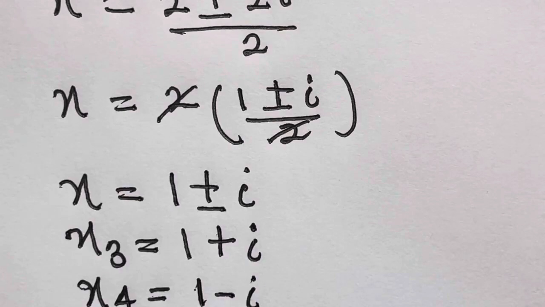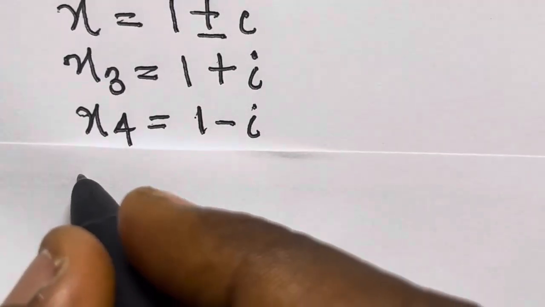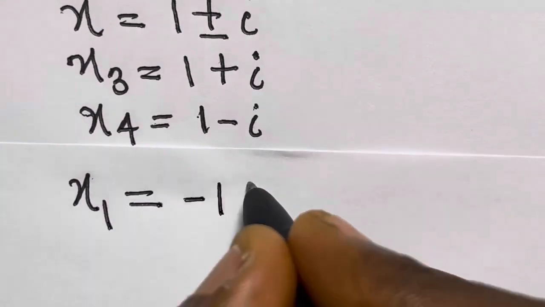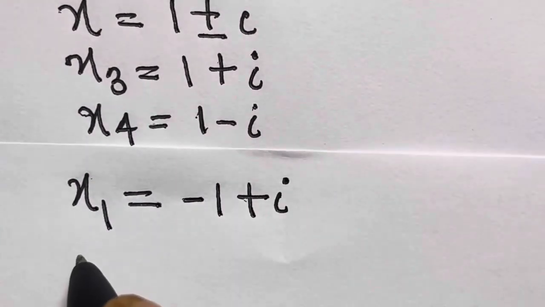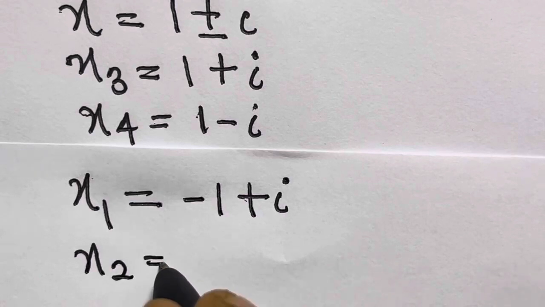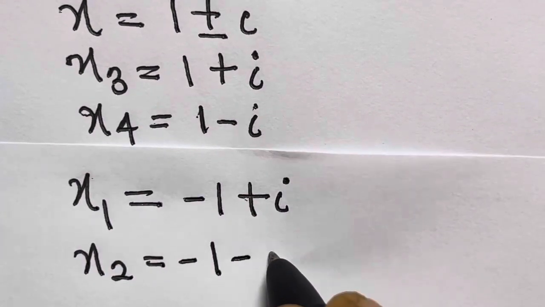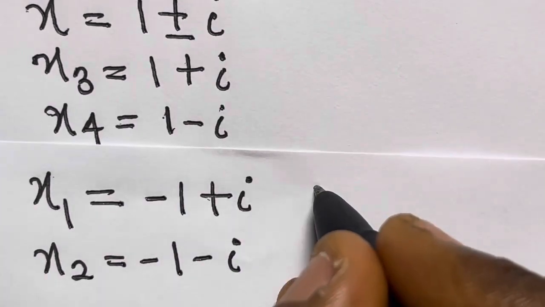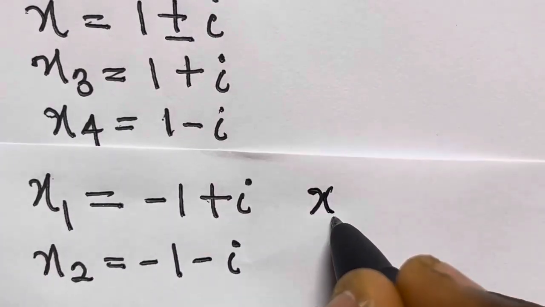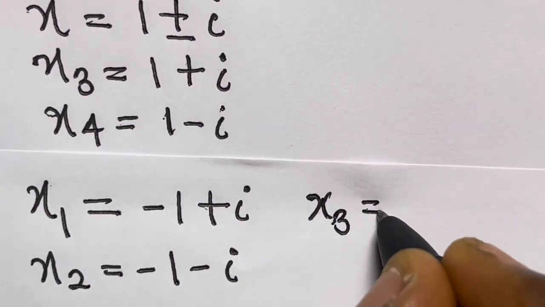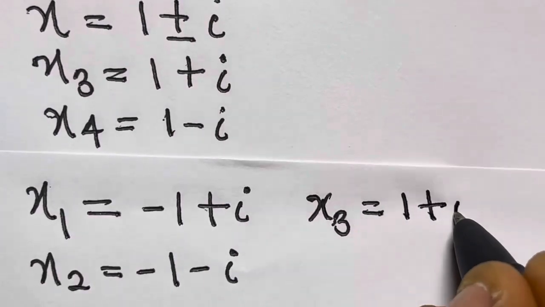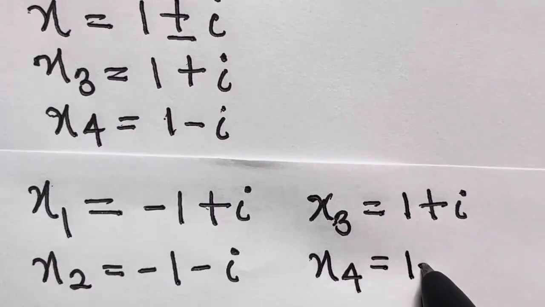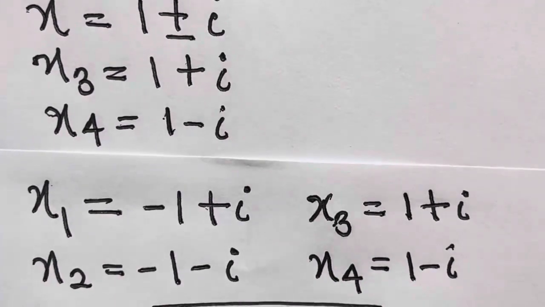So you can put them all together so that we have our x1 equals minus 1 plus i, and x2 equals minus 1 minus i. And our x3 equals 1 plus i, and our x4 equals 1 minus i. So these are our final answers.